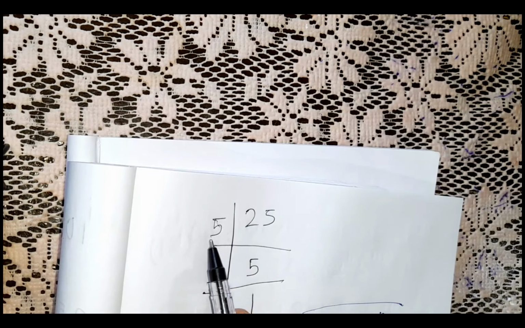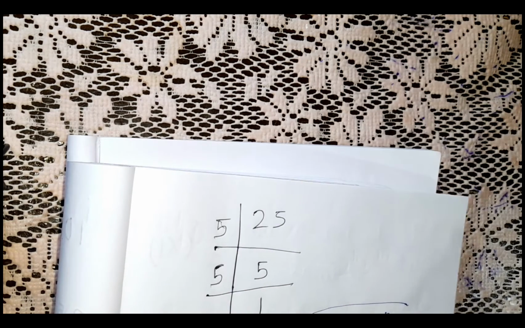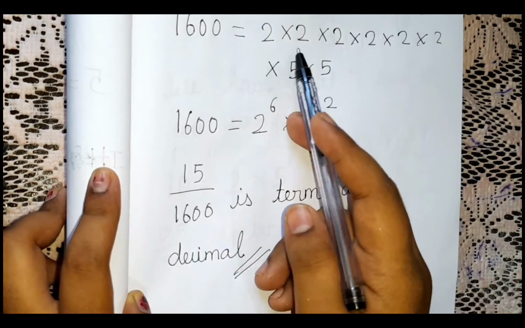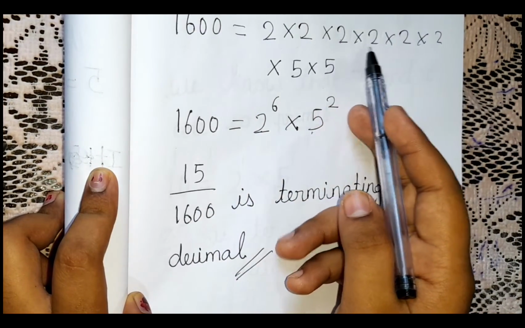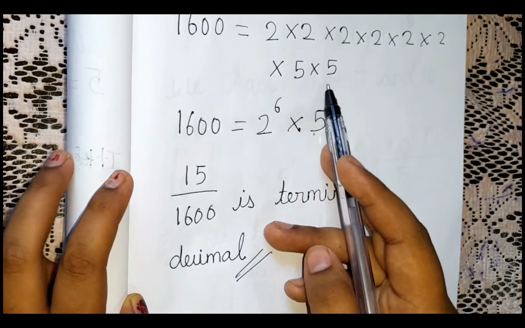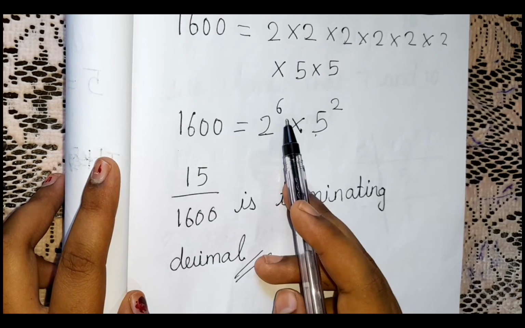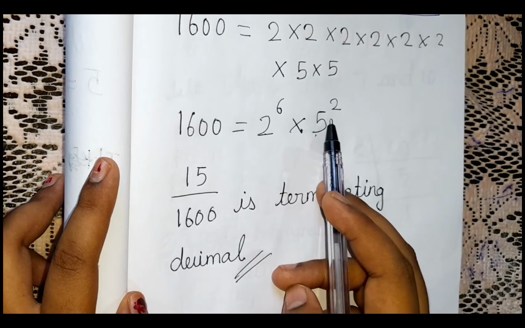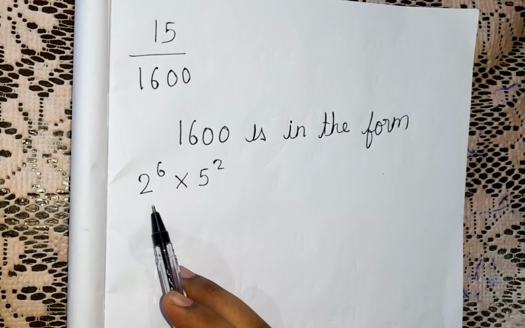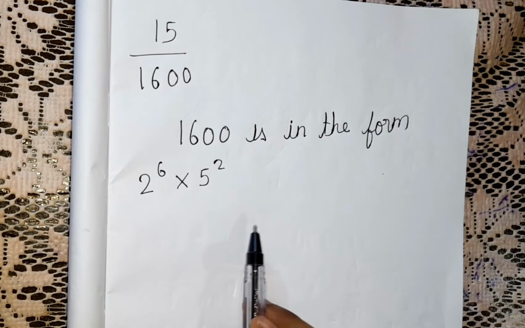After that, we got 5 into 5. So totally we got 2 into 2 into 2 into 2 into 2 into 2 into 5 into 5, which is 2 power 6 into 5 square. Here you can see I took that same form, 2 power 6 into 5 square.